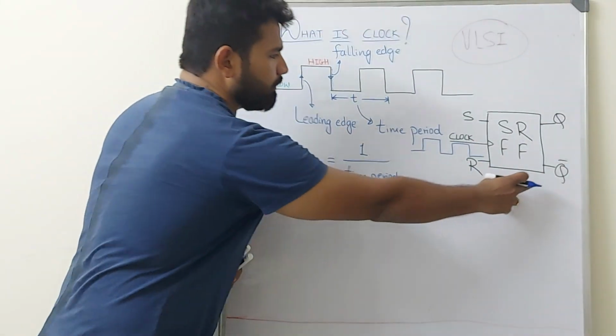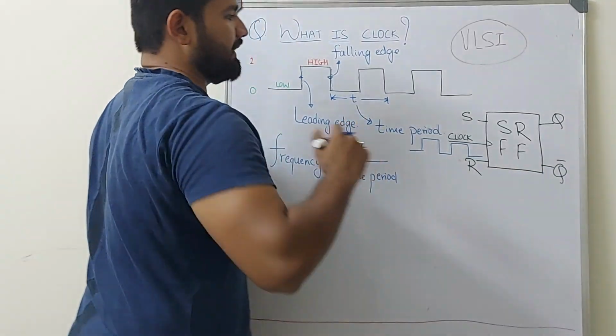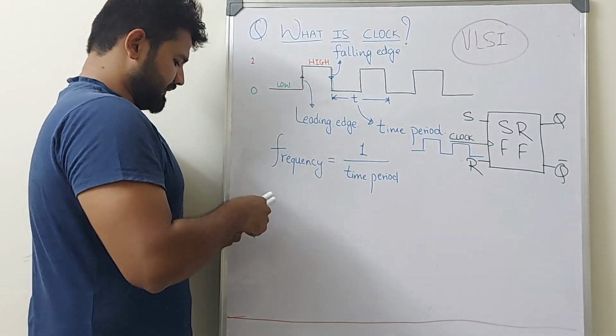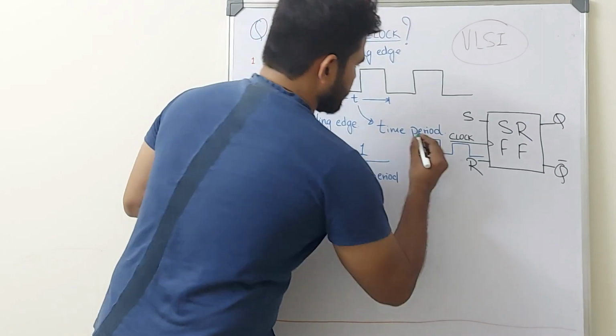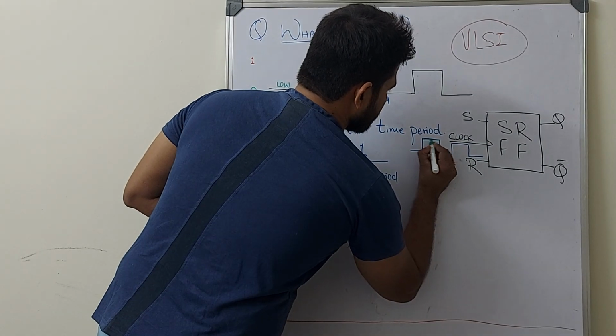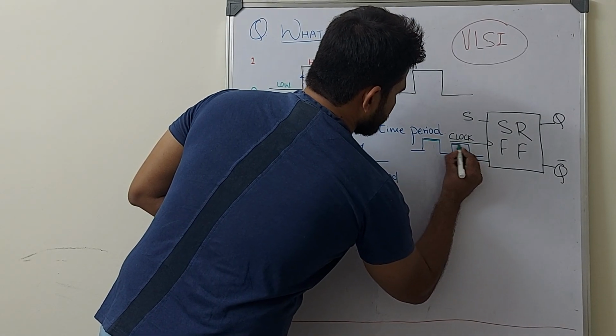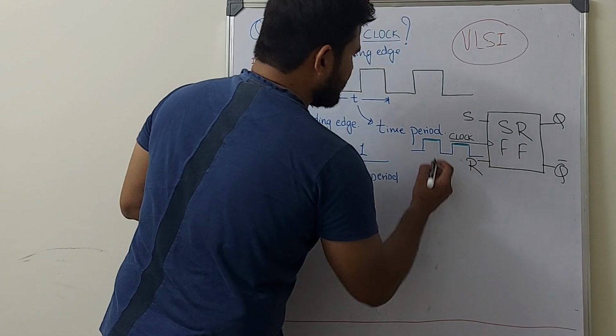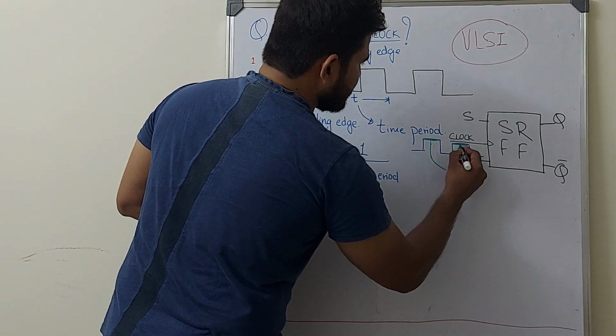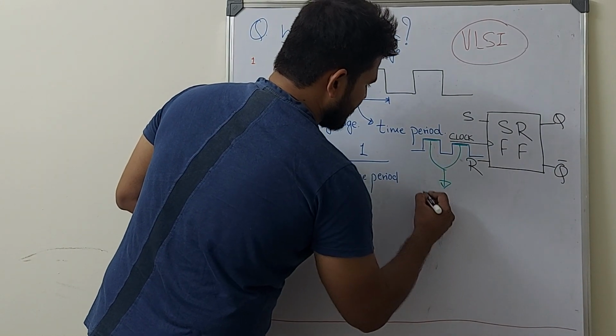So if the clock is functional when the level is high, that means at this position, then it will be called level triggered.